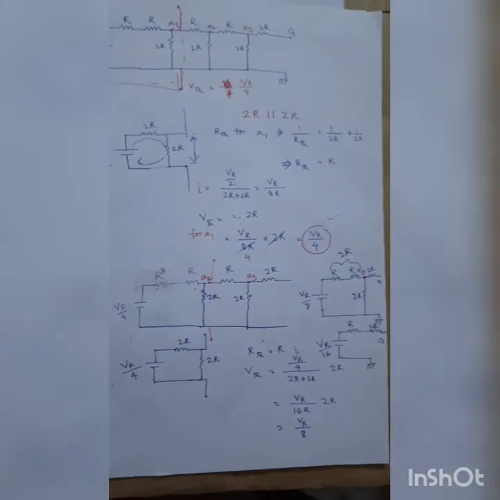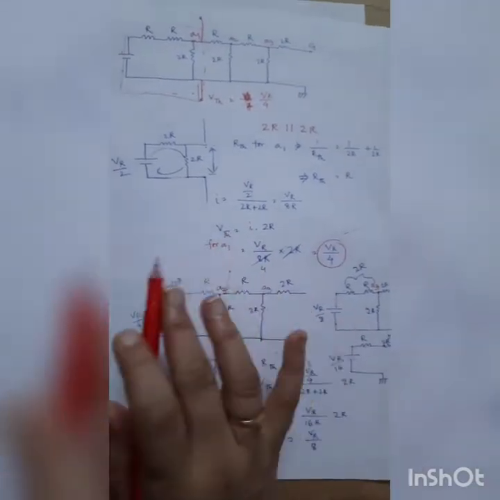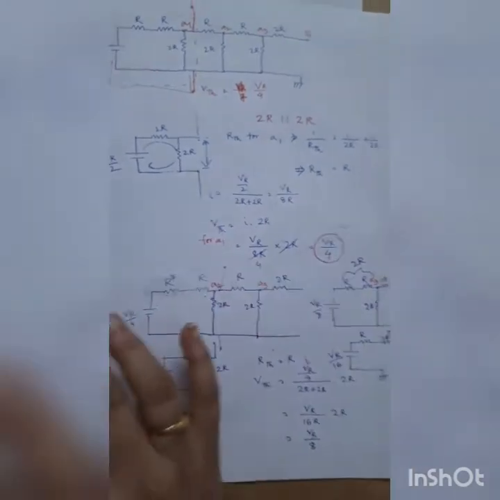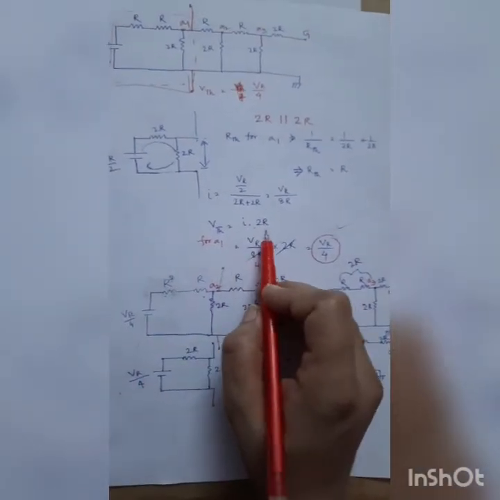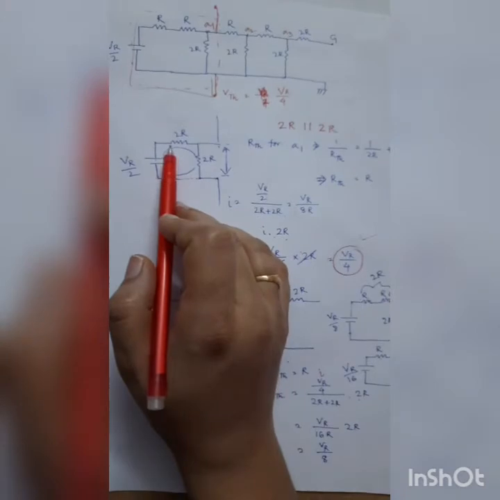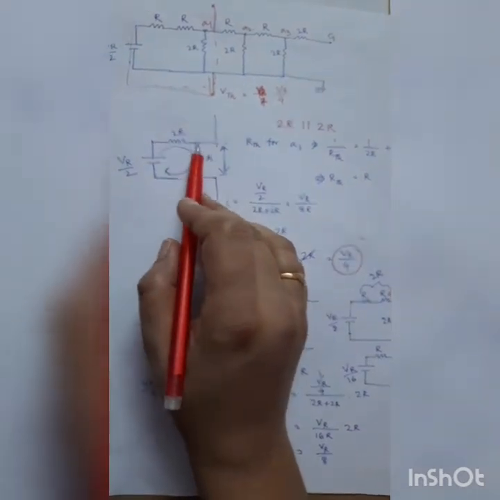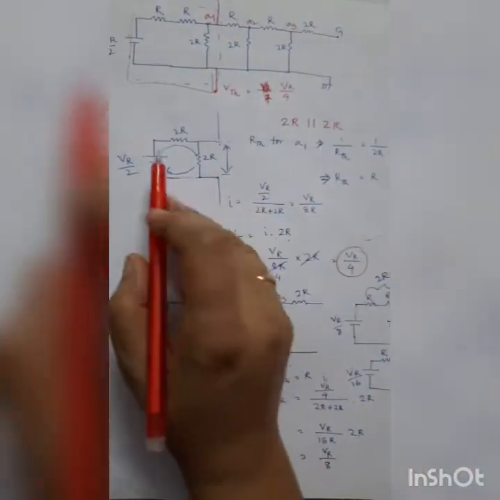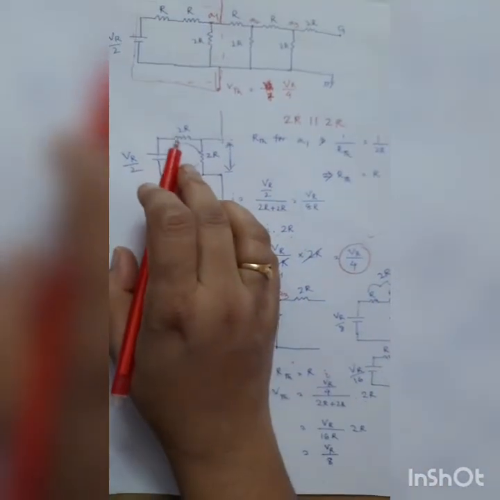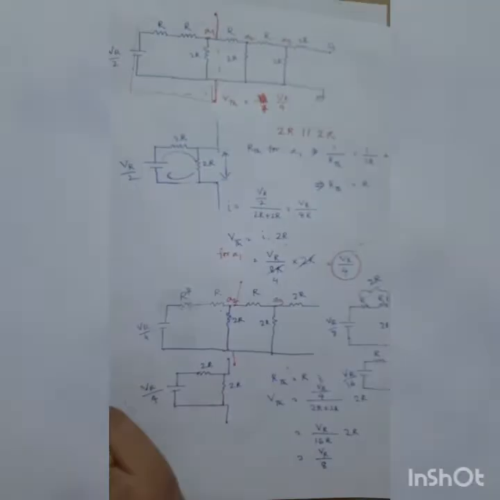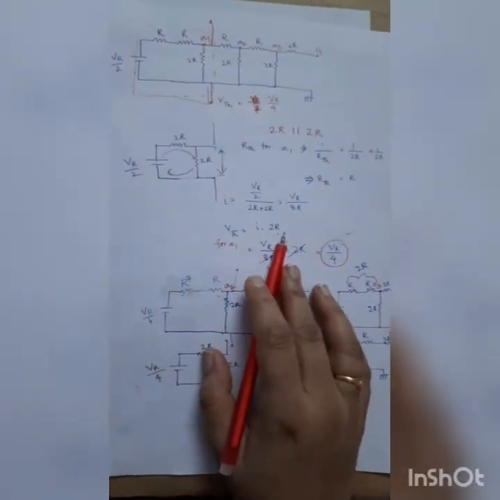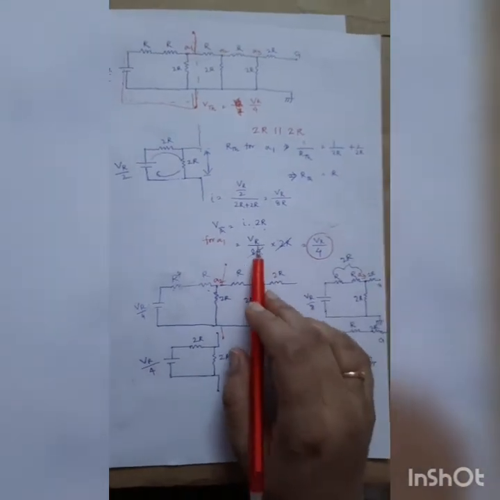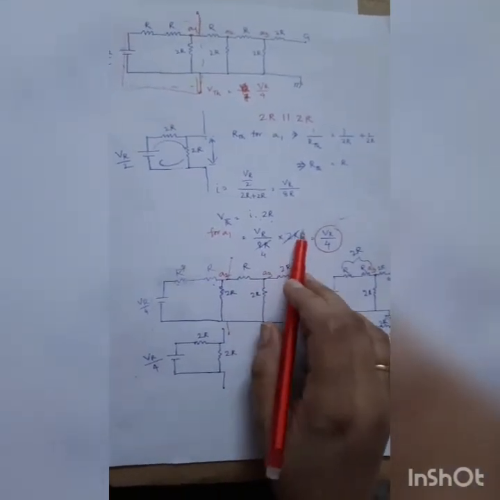So that is I. Now the Thevenin voltage VTH will be I into 2R, that is the voltage drop between these 2 points, only for this 2R resistance. So VTH will be VR by 8R into 2R.